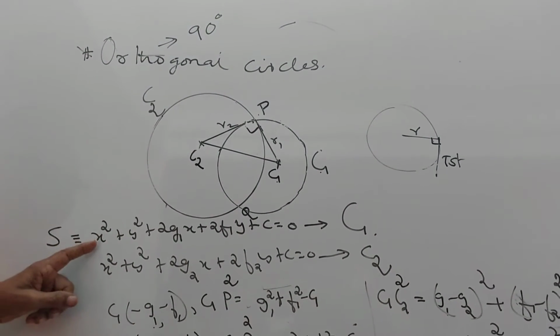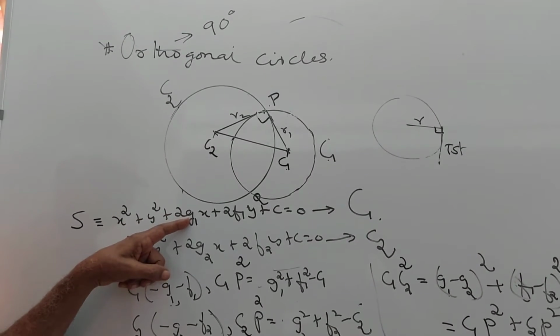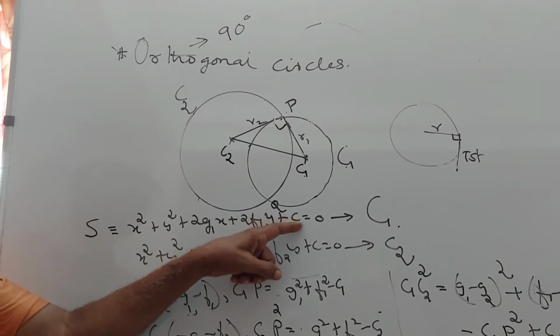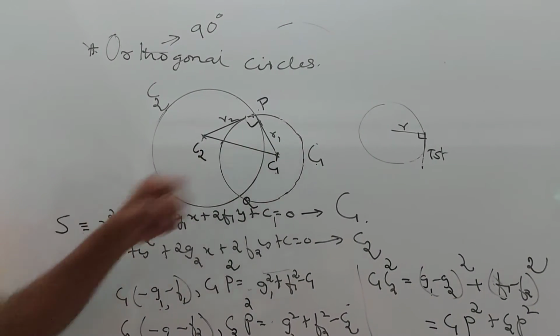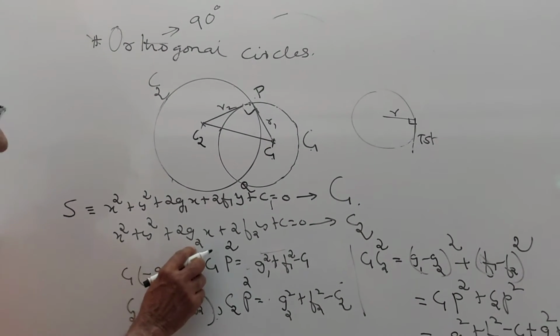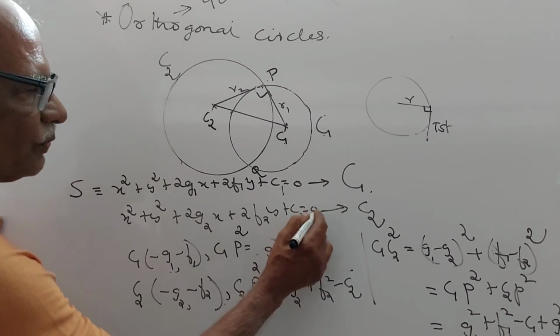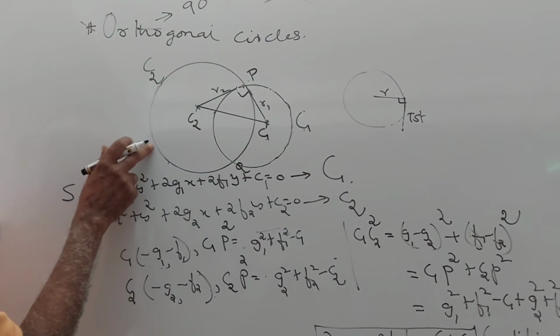So we see x square plus y square plus 2g1x plus 2f1y plus c1 equal to 0 is this circle. x square plus y square plus 2g2x plus 2f2y plus c2 equal to 0 is this circle.